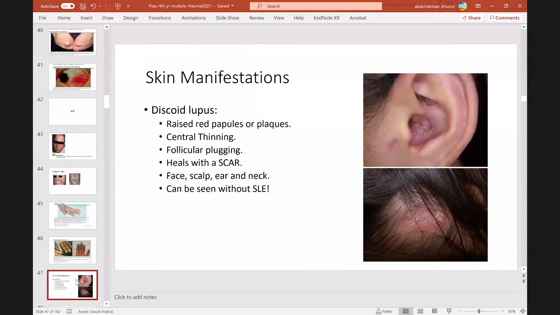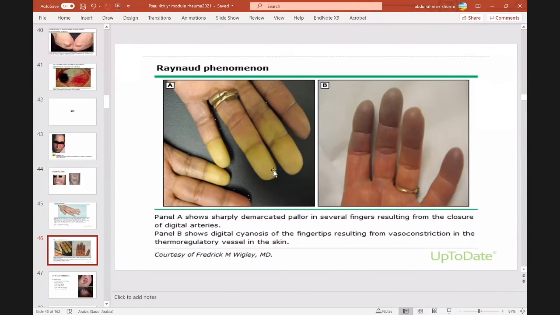Why, doctor, is the color yellow? It should be pale. Pale is like capillary fill: pale means no blood, blue is cyanosed, and red is returning blood. When there is no blood supply, like capillary fill, it turns white or blue.